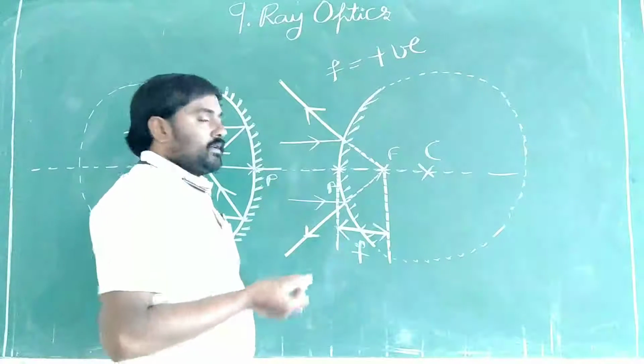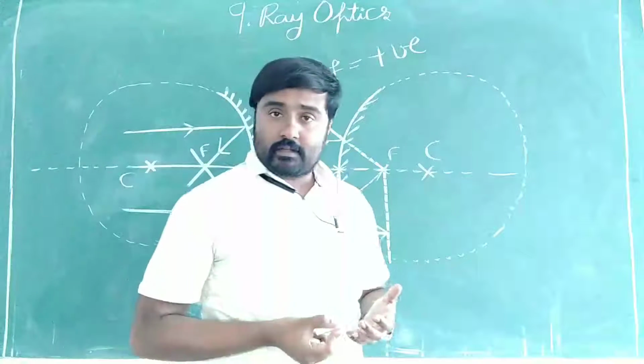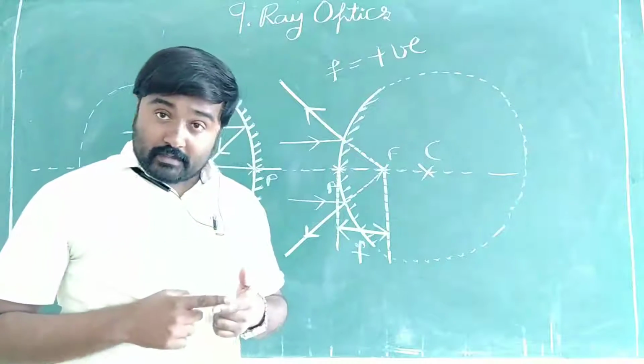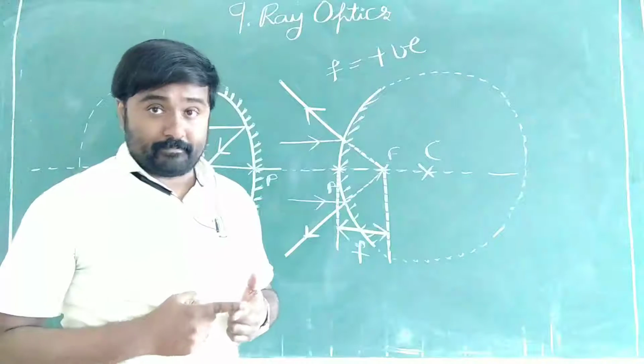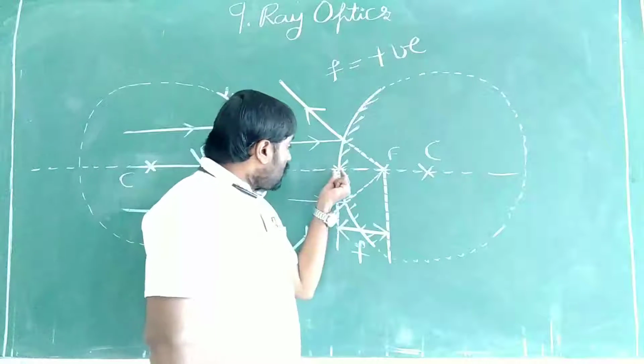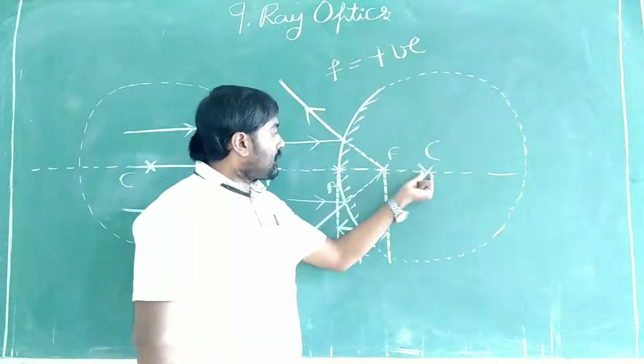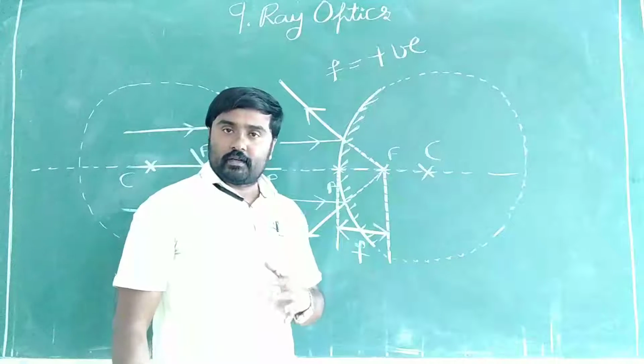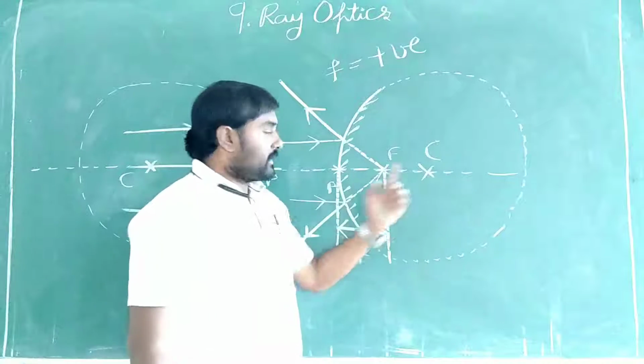So what about the radius of curvature? The radius of curvature is measured from pole to center of curvature.